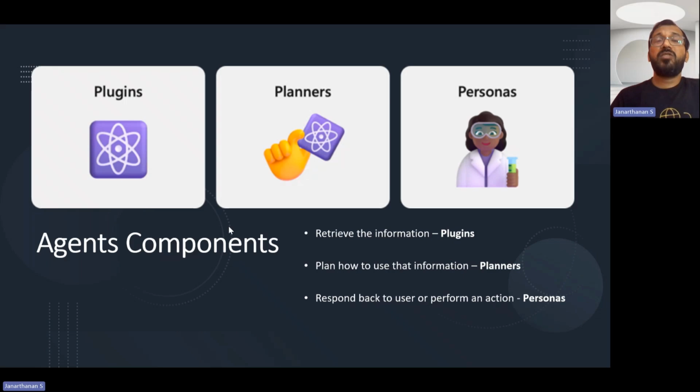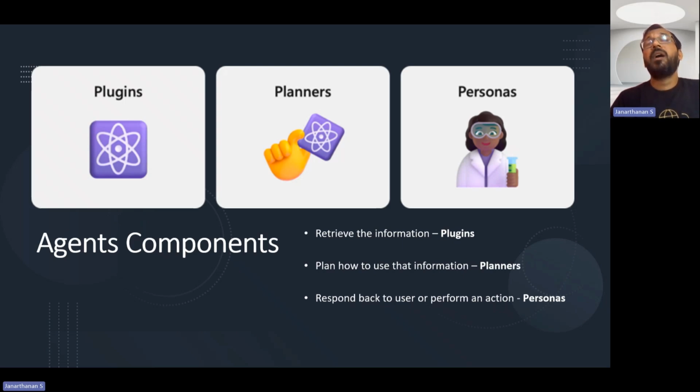So what are the major components of your agent? An agent has three important components: the plugin, the planner, and the last one is the persona. What is a plugin? In order to retrieve certain information related to HTTP, conversation, mathematical operations, or time and IO operations, you can use a plugin to retrieve your overall information.